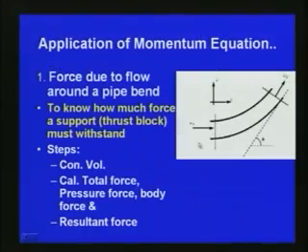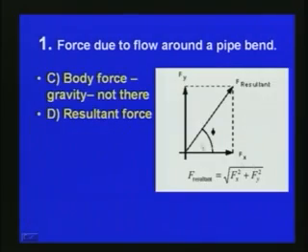That gives the linear momentum equation. Using this we can find out the resultant force. For this problem, if you want to know how much force to support, or to put as a thrust block to withstand the pipe, that is obtained by the resultant force.